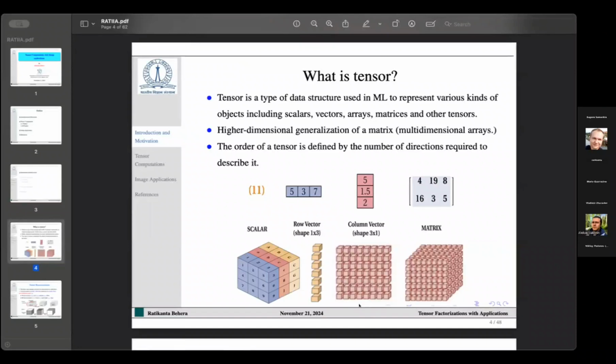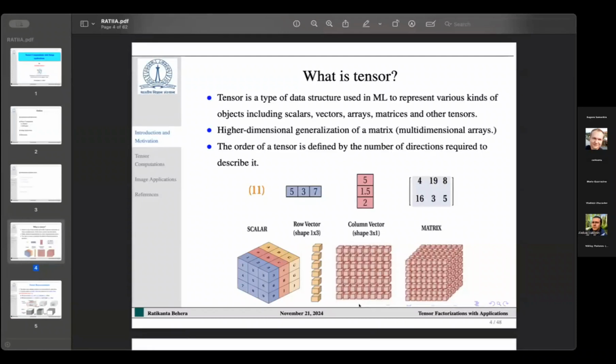Inside that box, you can put scalars, vectors, arrays, matrices, and even tensors themselves. Many people define a tensor in many ways. We can say that a tensor is a multi-dimensional array or a higher dimensional generalization of matrices or vectors.